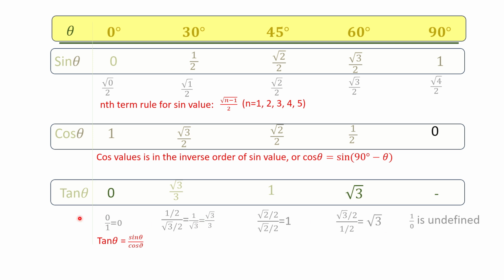Okay, so to help you to remember all the values, what you do is remember this pattern or nth term rule or term rule for these sine values. Okay, or you can just write them like this. And then once you know the sine values and then the cosine values, you just rewrite them in opposite order, inverse order, okay?